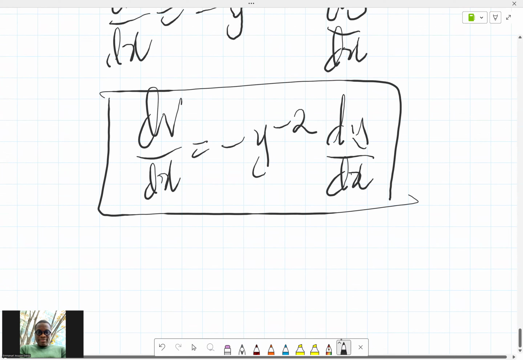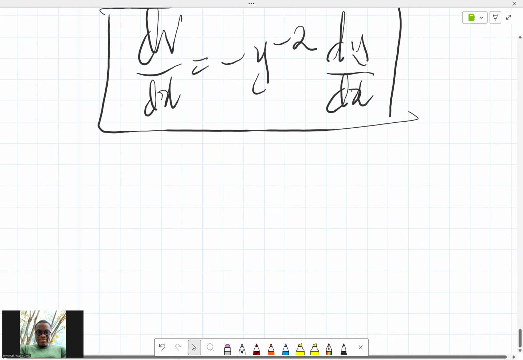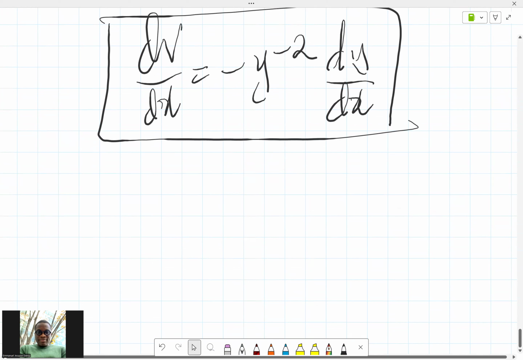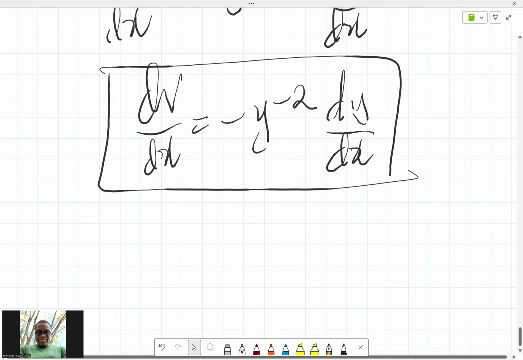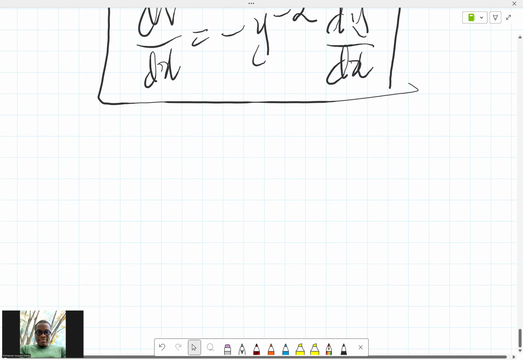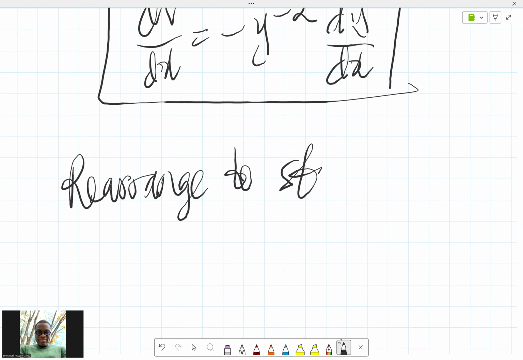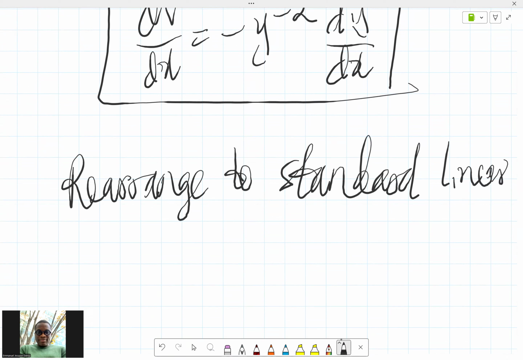So if this is the case, right? Of course, we have this. We can arrange this in the standard form. So rearrange to standard linear form, based on what we had done before, right?